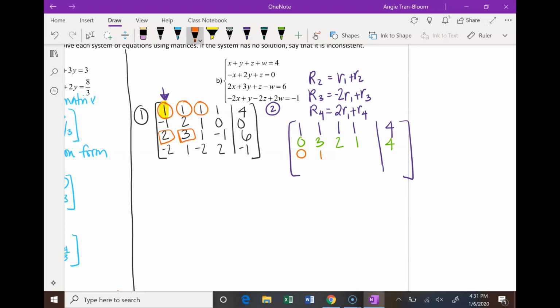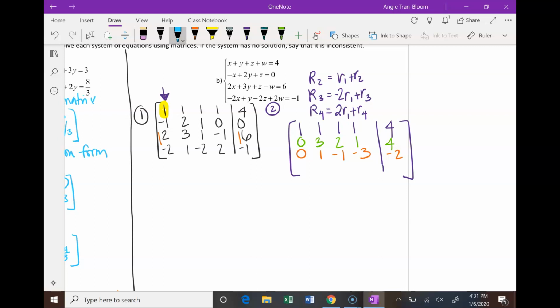Negative 2 times 1 is negative 2 plus 1 is negative 1. Negative 2 times 1 is negative 2 plus negative 1 is negative 3. Negative 2 times 4 is negative 8, plus 6 is negative 2. Let me just double check to make sure my basic math looks okay. It does look okay. Next, again, I'm going to erase. I'm only doing this boxing and circling so you know what I am looking at.